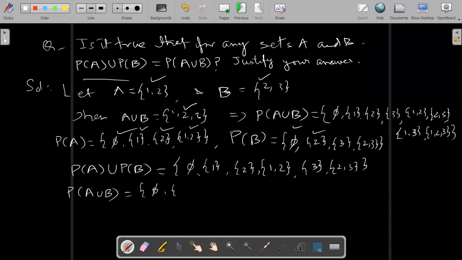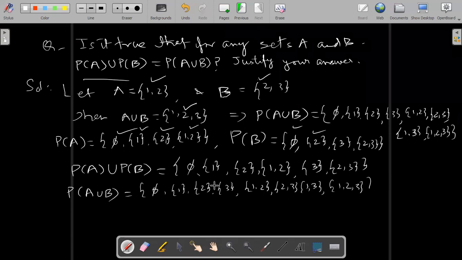So null set, then 1, 2 and 3 single element sets, then double element sets 1, 2, 2, 3, and 1, 3, and 1, 2, 3.